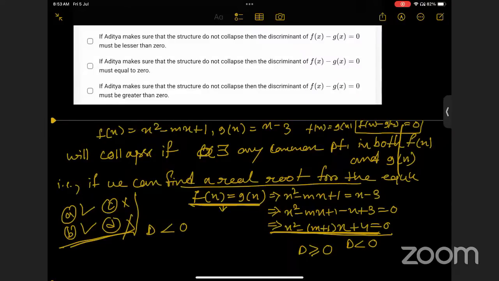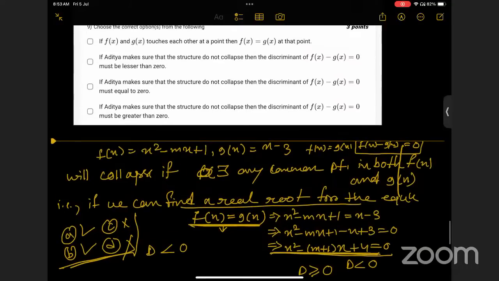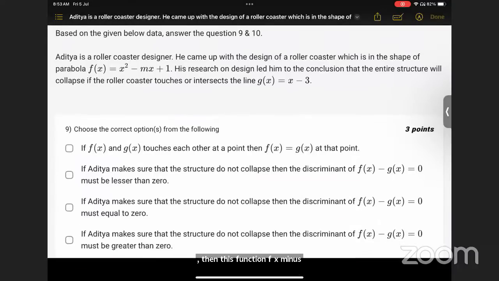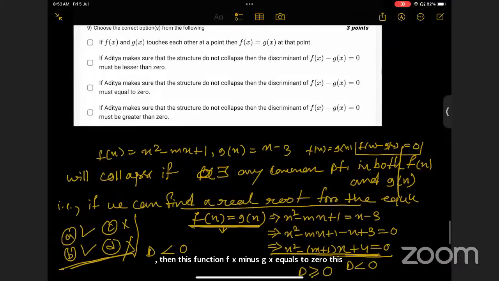That is what we're doing here. If Aditya makes sure that the structure does not collapse, then the discriminant of the function must be less than 0. Because if the structure does not collapse, then f(x) minus g(x) equals 0 doesn't have any real root, and if it has no real root, then the discriminant will be less than 0.